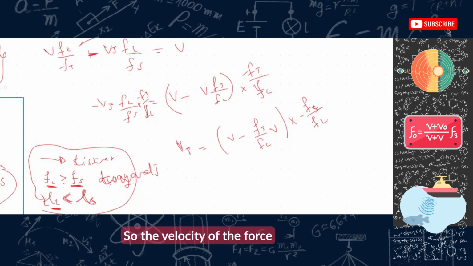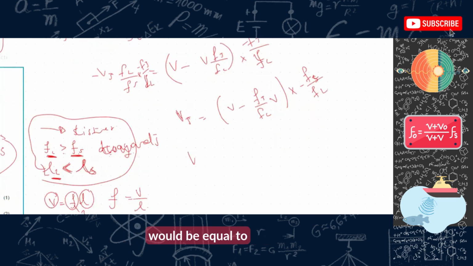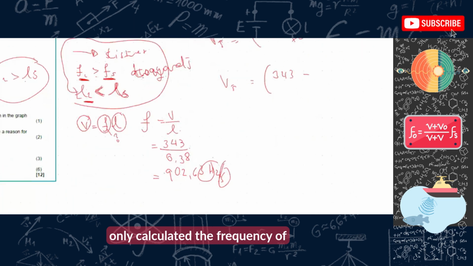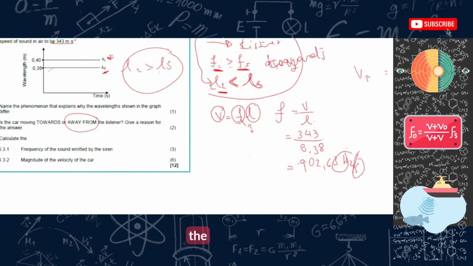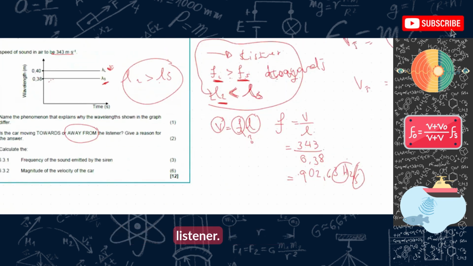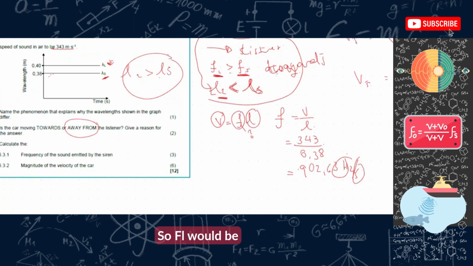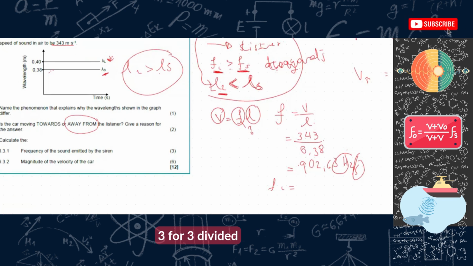My apologies. So the velocity of the source would be equal to 343 minus the frequency. We only calculated the frequency of the source, so we now need the frequency of the listener. fl would be 343 divided by 0.4, which is 857.5.